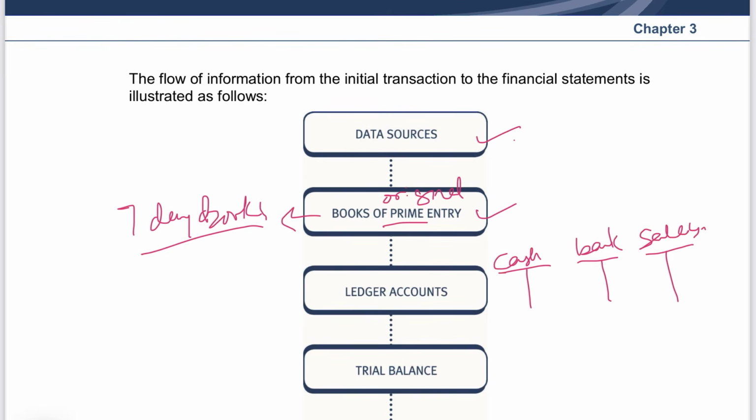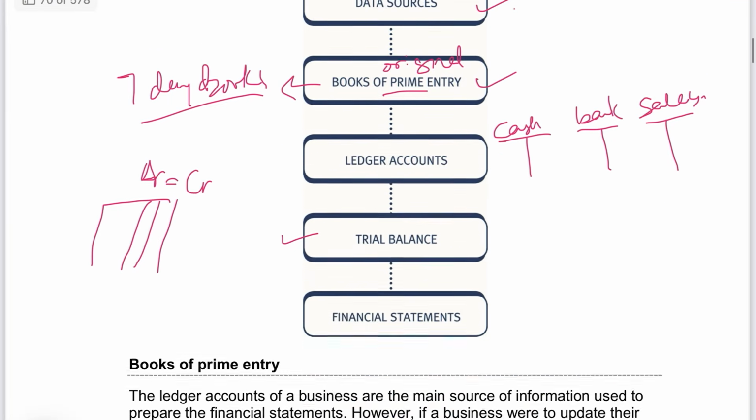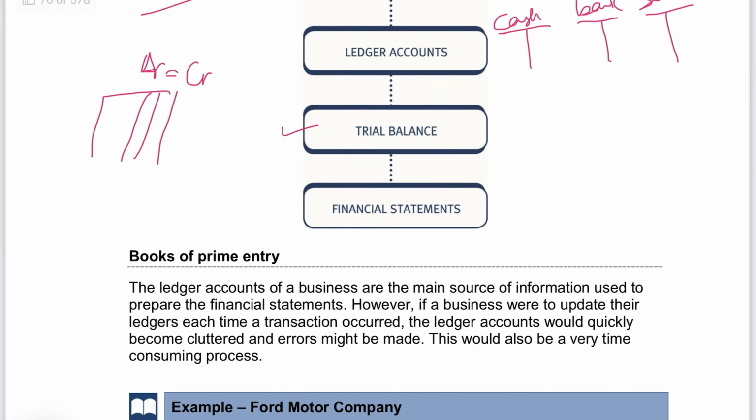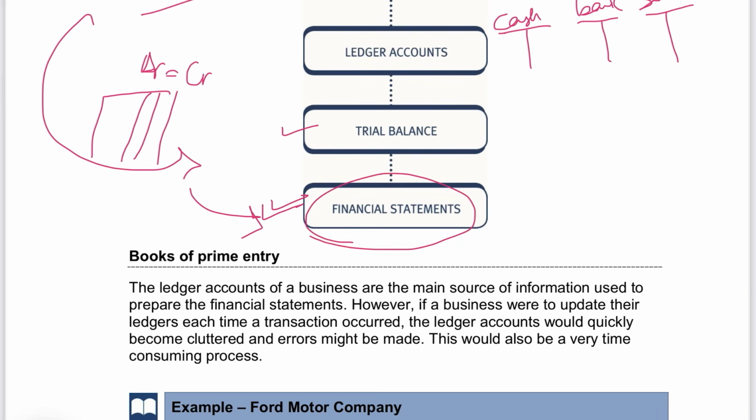Now after all that ledger account process, the next process is the trial balance, where we are going to know that all the debits are equal to all the credits. Then finally we have a step which is the financial statement. All those transactions, if they are correct, are going to be entered into the financial statements.